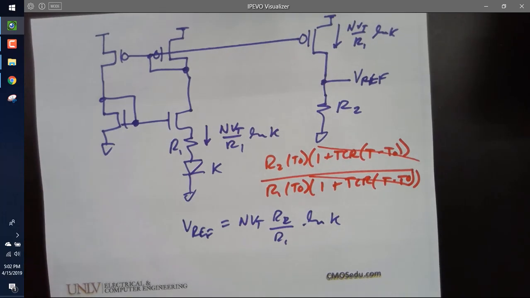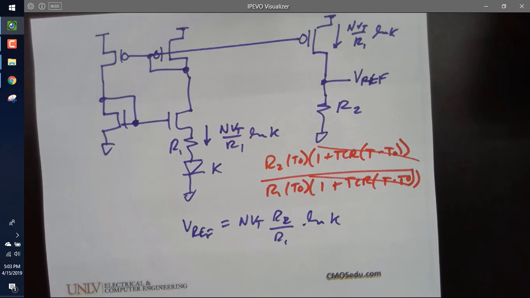It doesn't change with temperature. Does everybody see that? So now if I ask, is this reference that I just designed PTAT or CTAT? It's PTAT.